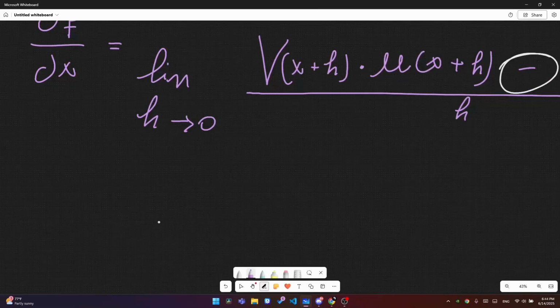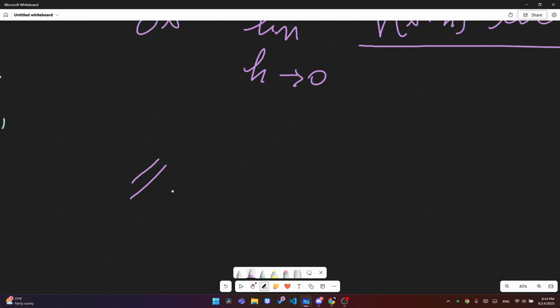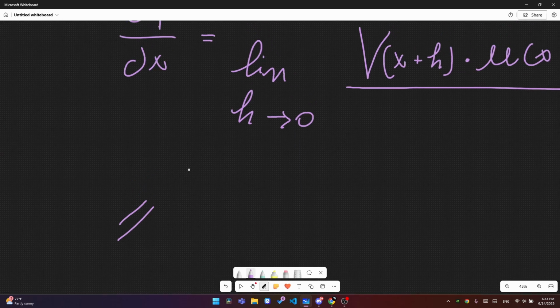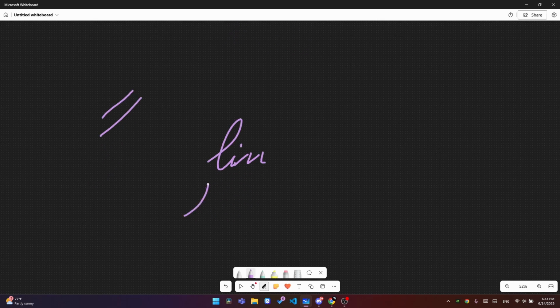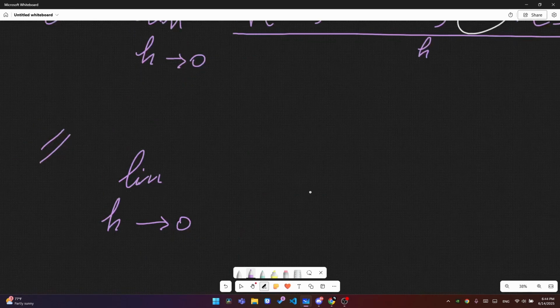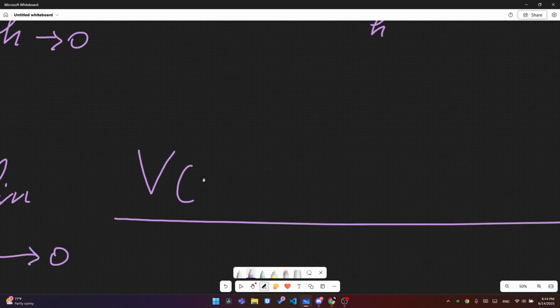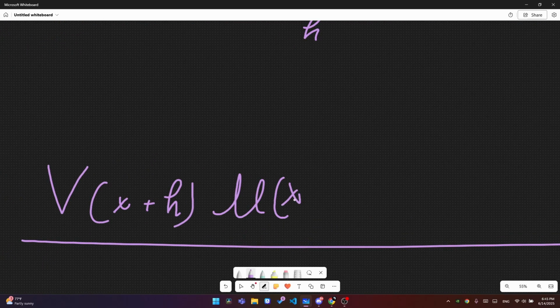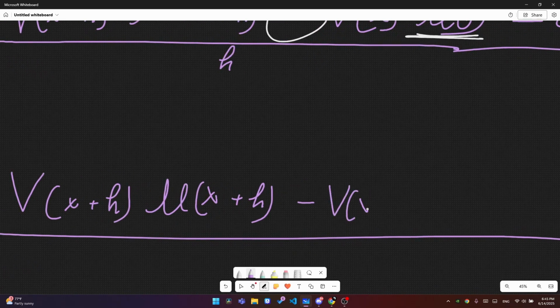So we can write this down as limit as h approaches 0 of v of x plus h multiplied by u of x plus h minus v of x multiplied by u of x.